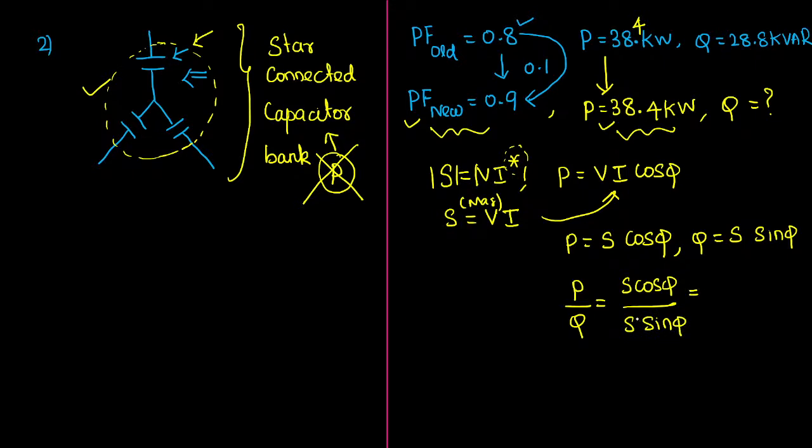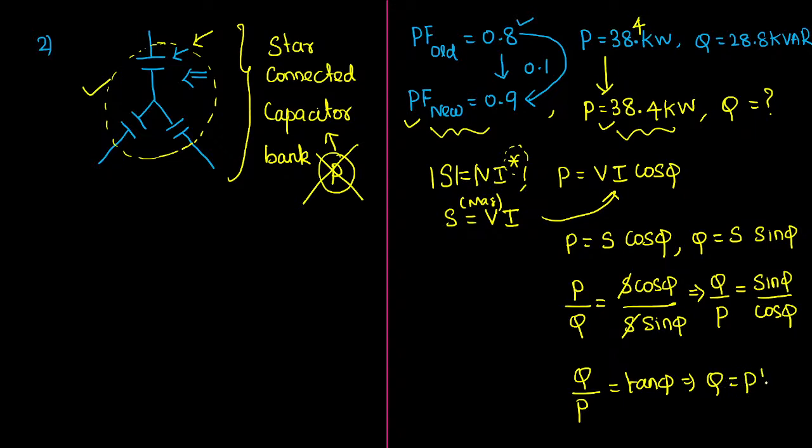Yes. S gets cancelled. Take the reciprocal so that you get the tan form. Q by P can be written as sin phi by cos phi, which is the famous tan phi. So reactive power upon real power is simply tan phi. Or I can say reactive power can be directly calculated as real power into tan phi. Did you understand?